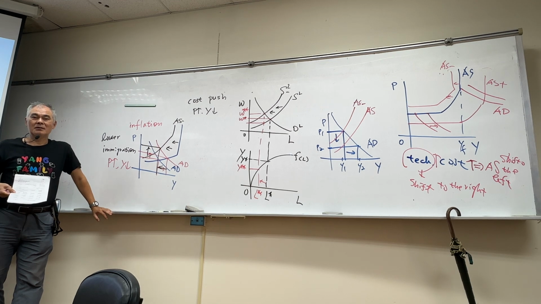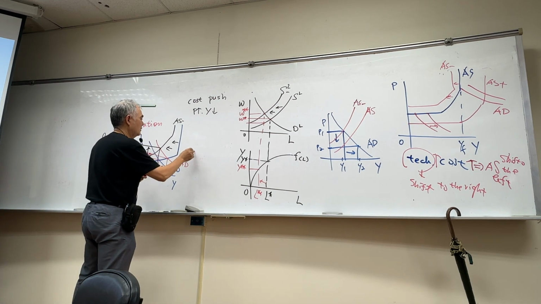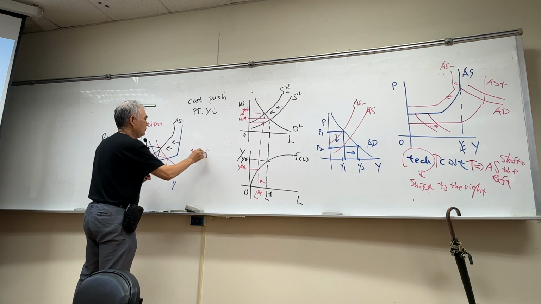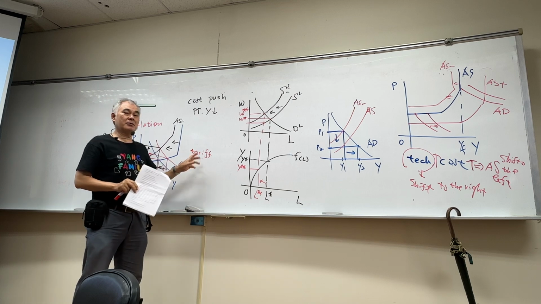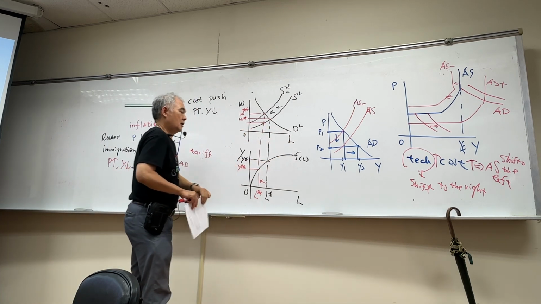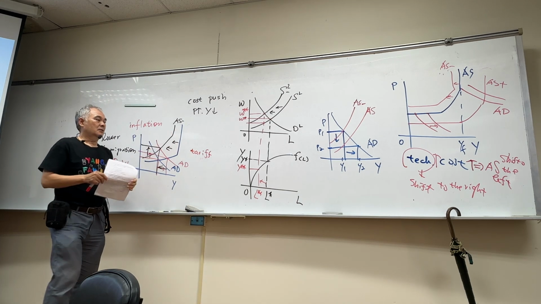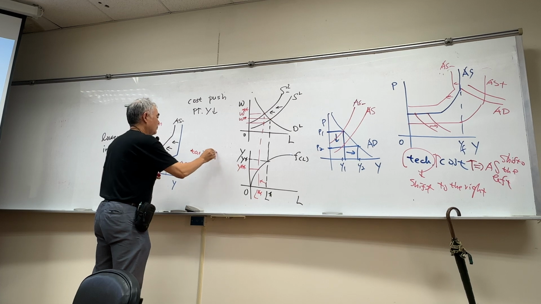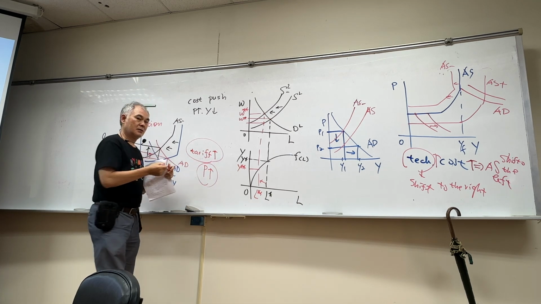Tariff? Tariff is a different issue. We can talk about it, okay? If tariff goes up, how are you going to show it here? If tariff goes up, what happens? Price will go up, right?